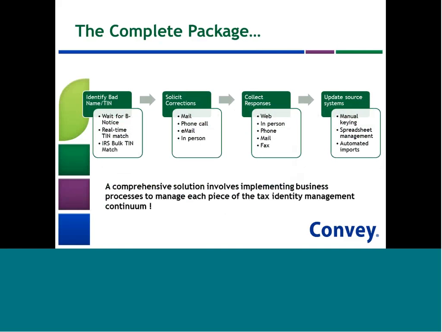And that, when you consider it from front to end, from identifying the bad information to updating your source system, is really a completely comprehensive solution. And also it's a means by which you can put some good business practice and process around how you're managing this part of your business.